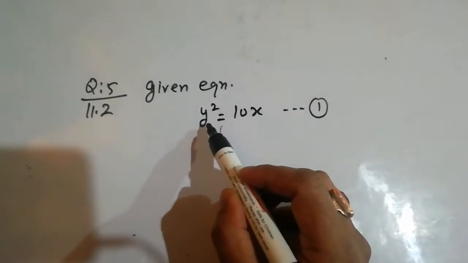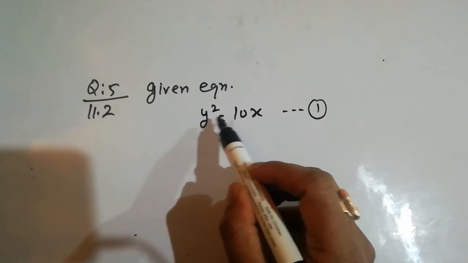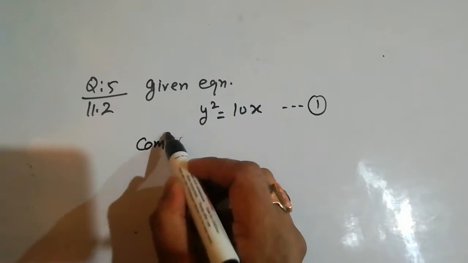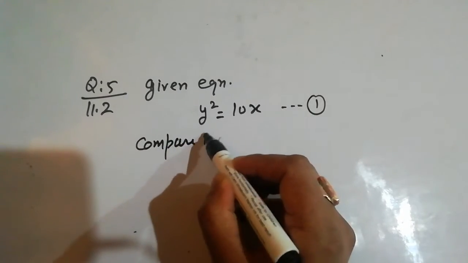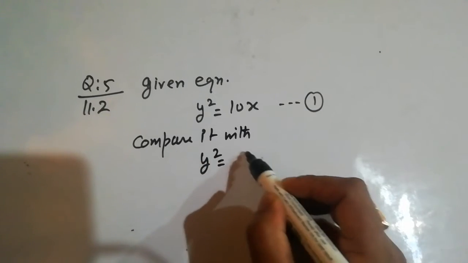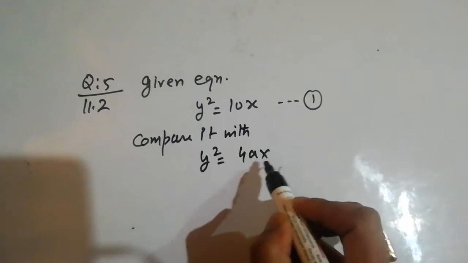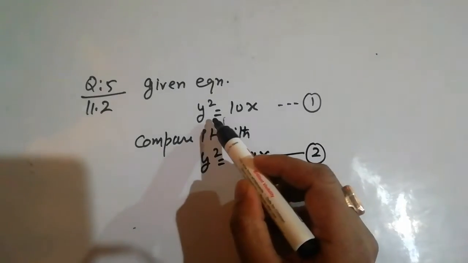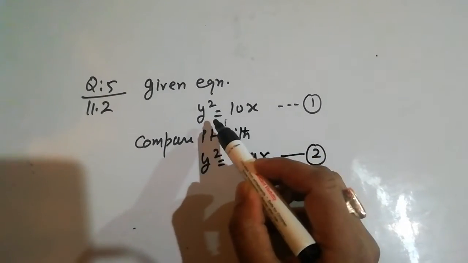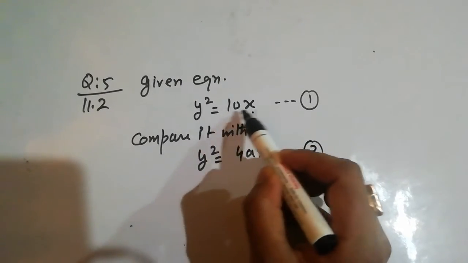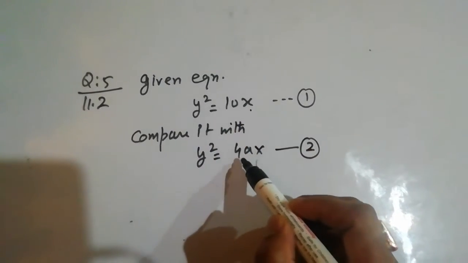Now see here, we can compare this equation with y square equal to 4ax. Why are we comparing this with y square equal to 4ax? Because from this equation we can conclude that this 10 is going to multiply with x, so it is along the x-axis.